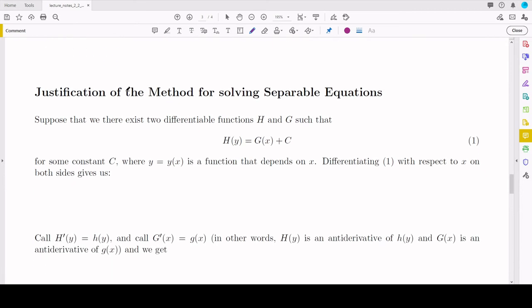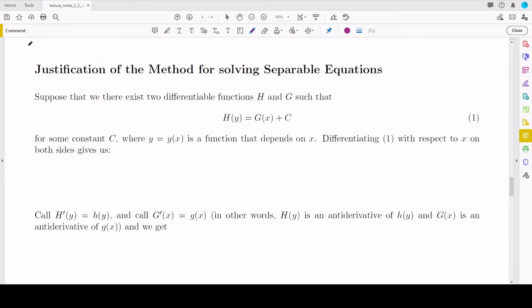Suppose that we have two differentiable functions, capital H and capital G, such that H of y equals G of x plus c for some constant c, and y equals y of x is a function that depends on x. Now let's differentiate both sides of this equation with respect to x.